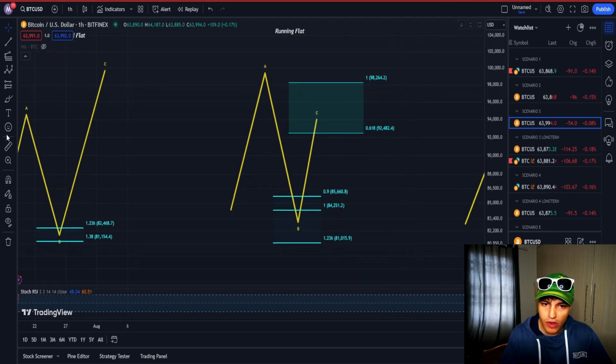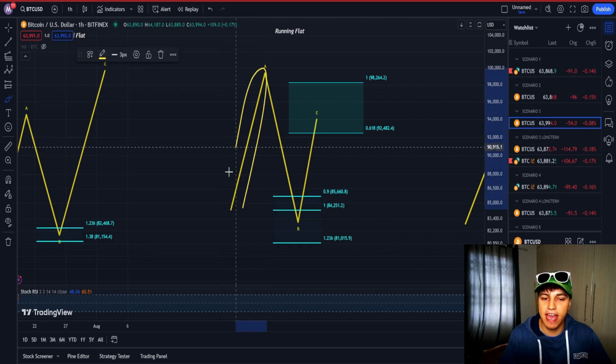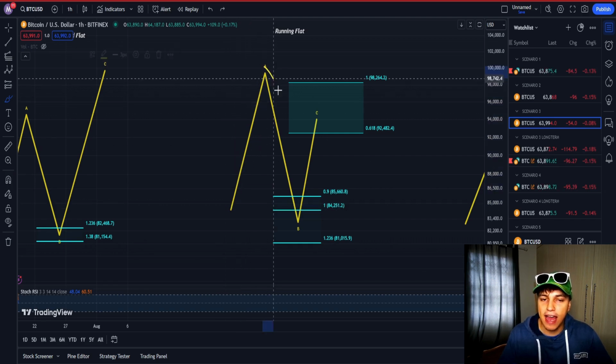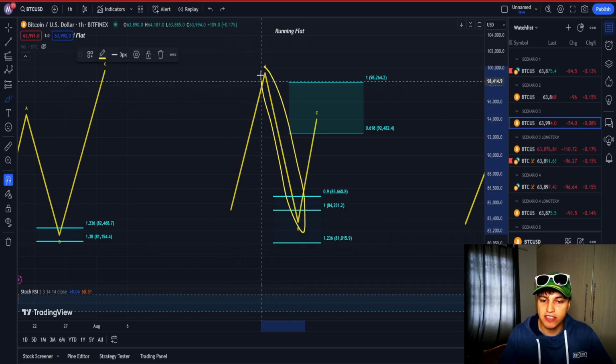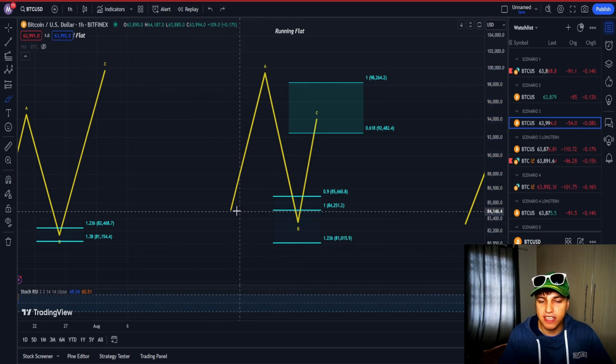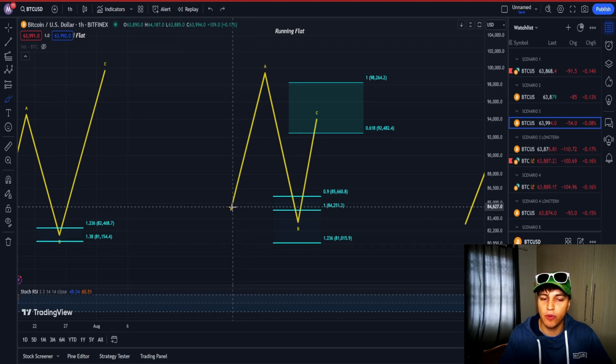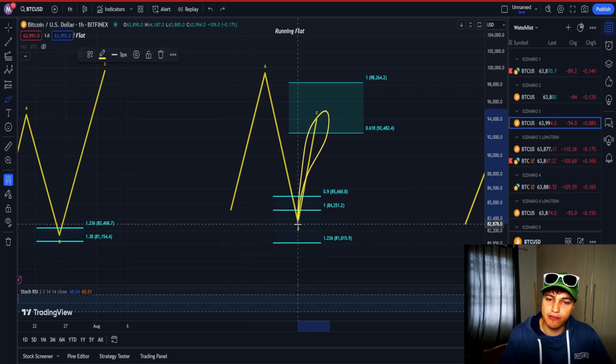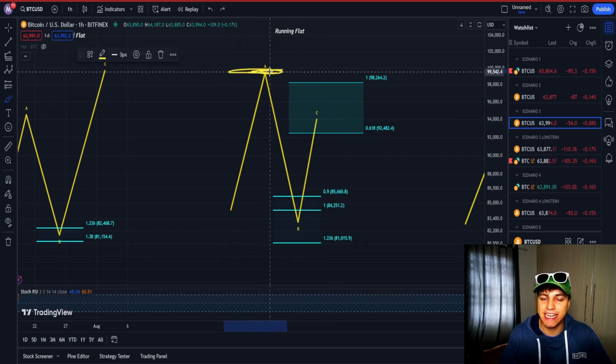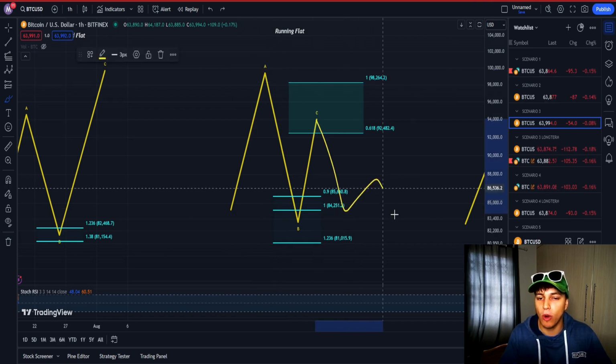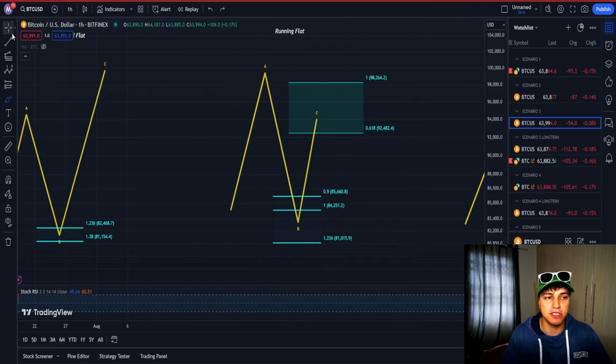So what a running flat does is we have an A wave up and down and a B wave that extends almost or does extend past the A wave low. The C wave to follow then does not take the A wave high before seeing moves to the opposite end.